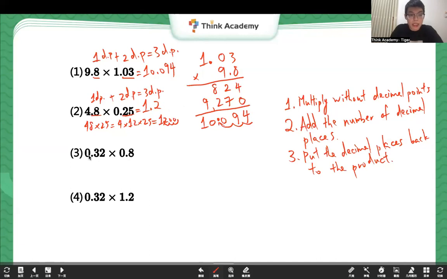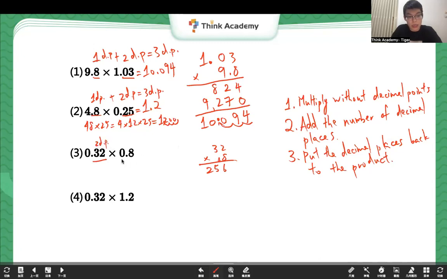And next we are doing 0.32 multiplying 0.8. So first of all, we can do 32 times 8. That's going to be 8 times 2, which is 16. 8 times 3, that's 24, so 256. Now on the left-hand side, I have 2 decimal places.